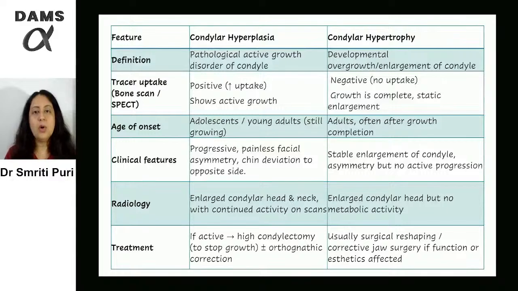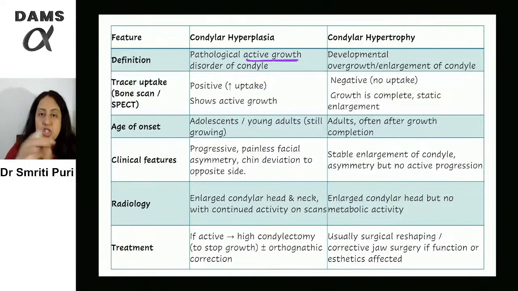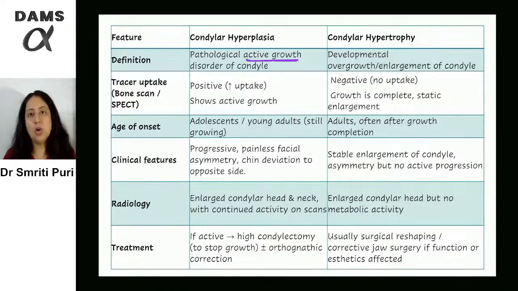Condylar hyperplasia is pathologically active growth. That means the condyle is growing actively, but its shape would be maintained. It won't show an exophytic growth. Condylar hypertrophy is a developmental overgrowth or enlargement of the condyle. So that is pathological, this is developmental.